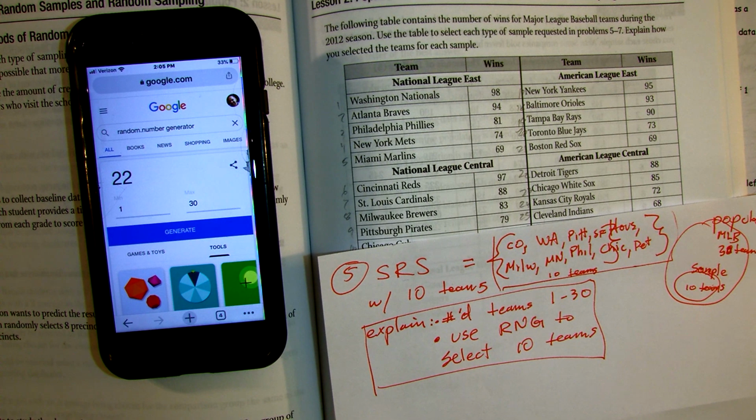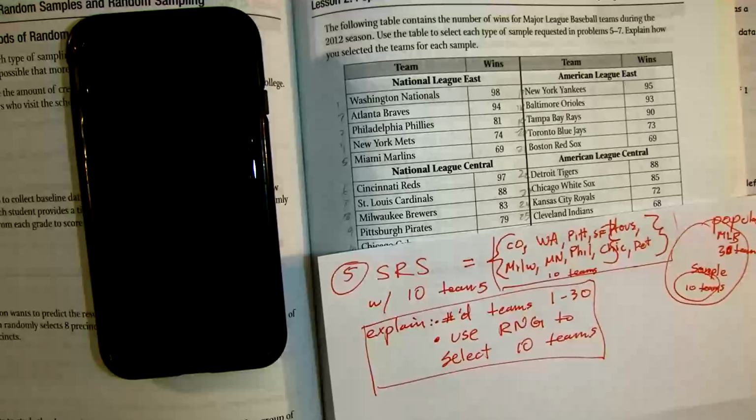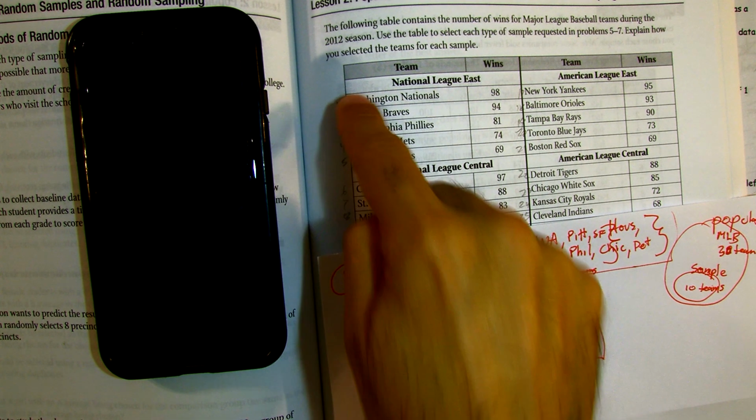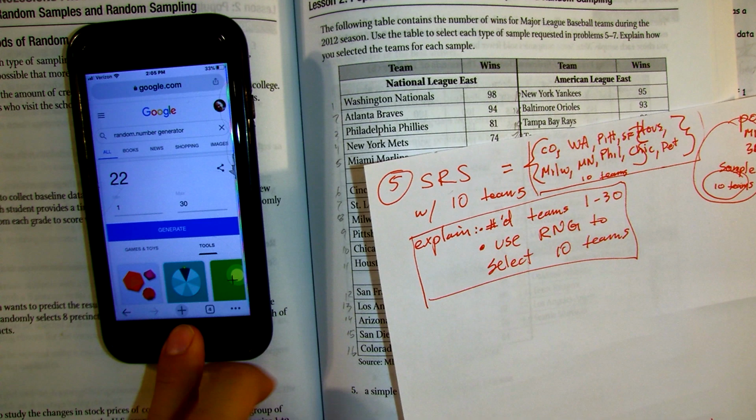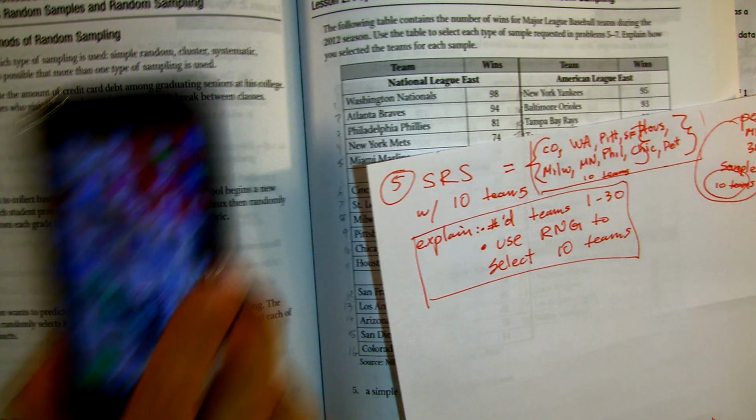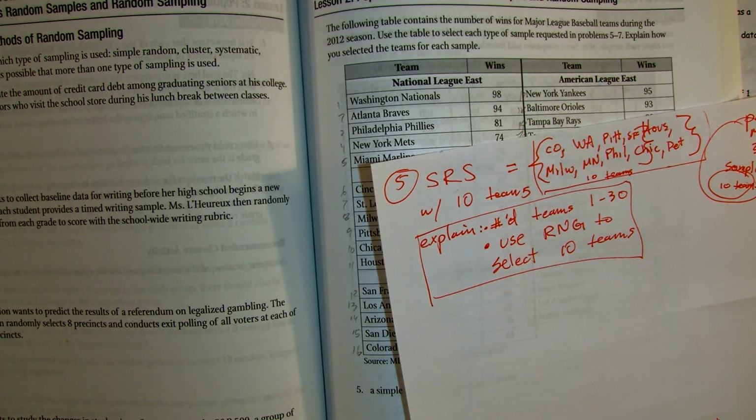All right. Simple random sample, thumbs up, sideways, or down. If we get a simple random sample, are we pretty happy with that, right? That's the easy one, guys, because all you do is number them 1 to 30, or however many there are, and you use a random number generator to get it.